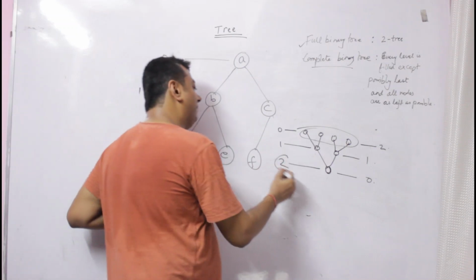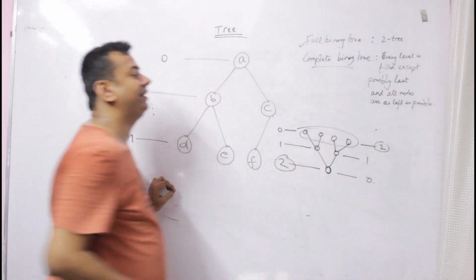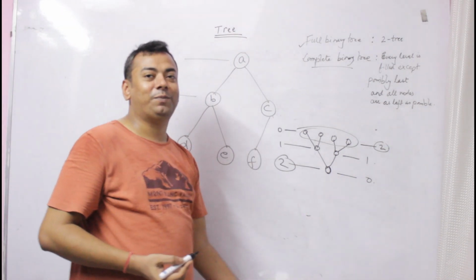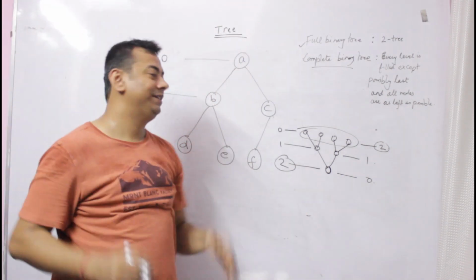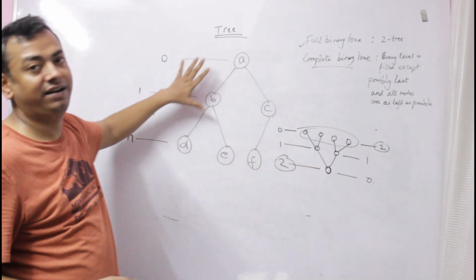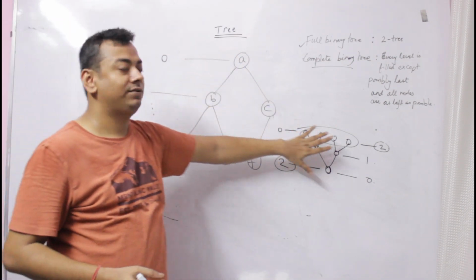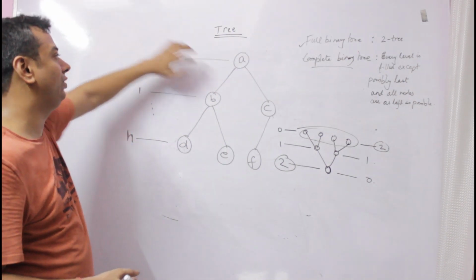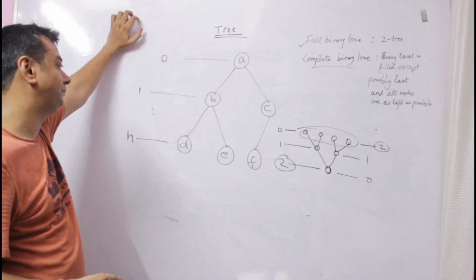So height and depth of any tree are the same. Basically the root starts from the bottom and it grows up, but we represent this tree in this manner. Okay, so the root is upside.